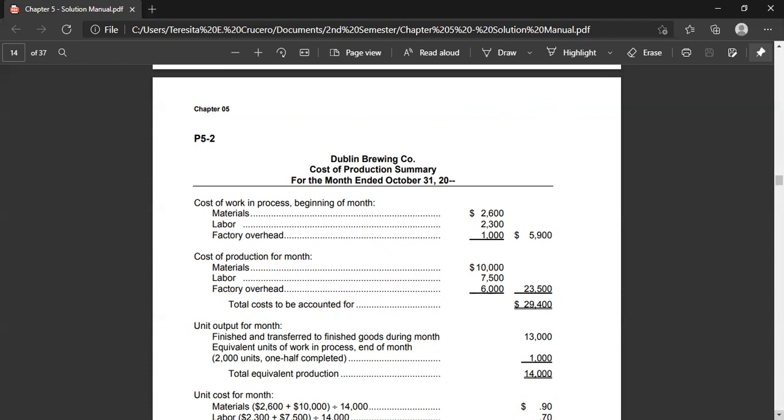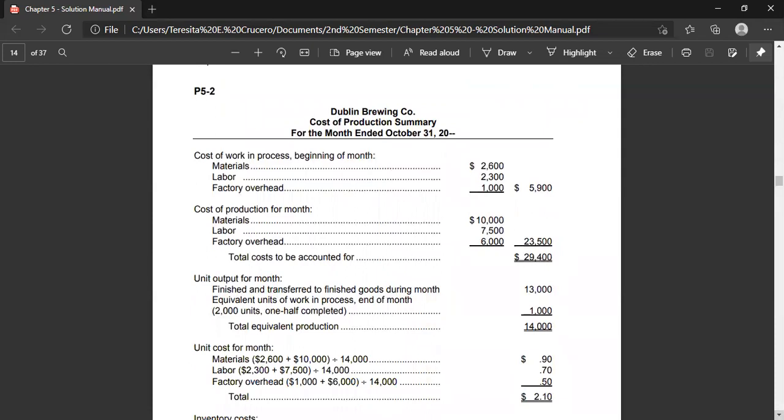Then we have the unit output for the month. So we have the unit output finished and transferred to finished goods during the month is 13,000 units.